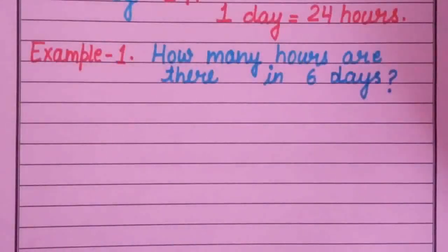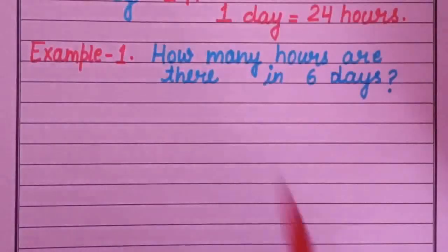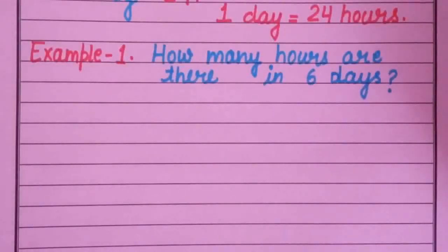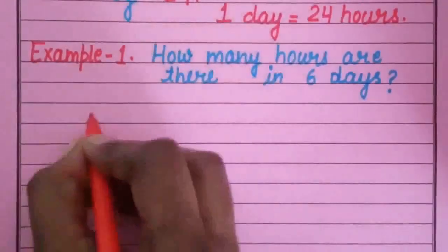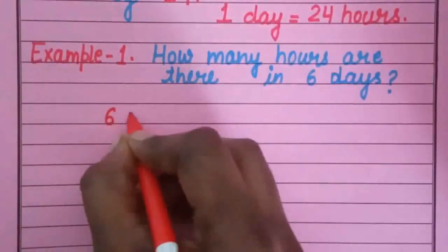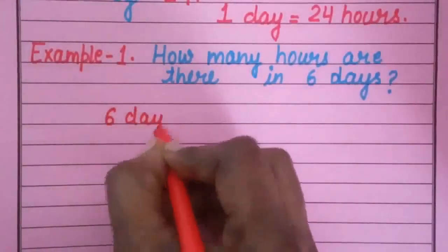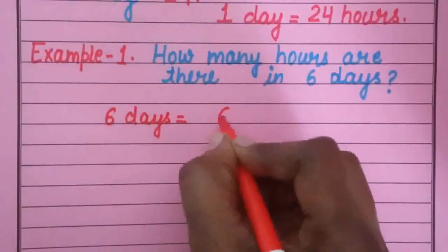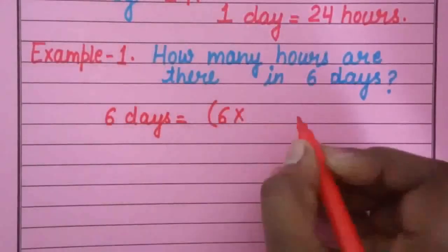Okay children, so here is the first example. How many hours are there in 6 days? You have to find out the hours in 6 days. As you all know that 1 day is equal to 24 hours. 1 day में total 24 hours होते हैं. That's why 6 days is equal to 6 multiply by 24.